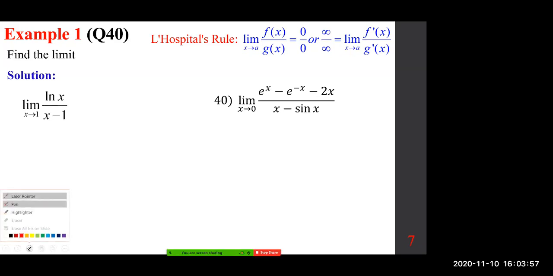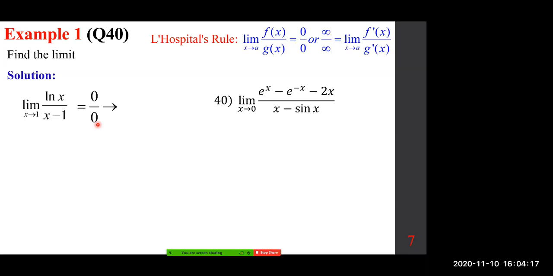So your first step is to say this is equal to 0 over 0. Obviously you see why: ln of 1 is 0, and 1 minus 1 is 0. So first you indicate it's 0 over 0 when you plug in. Therefore, you can use L'Hopital's rule.